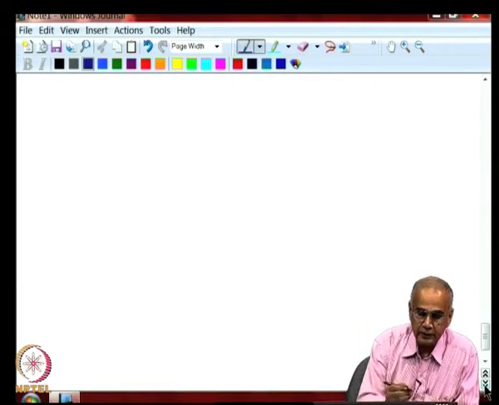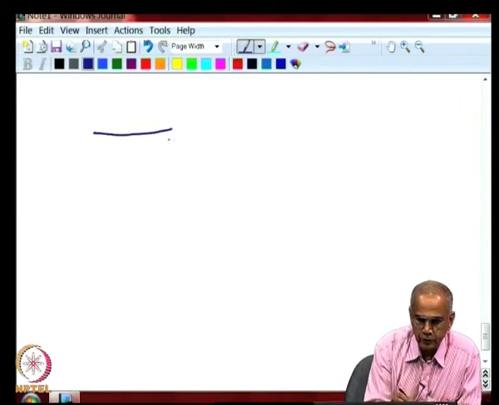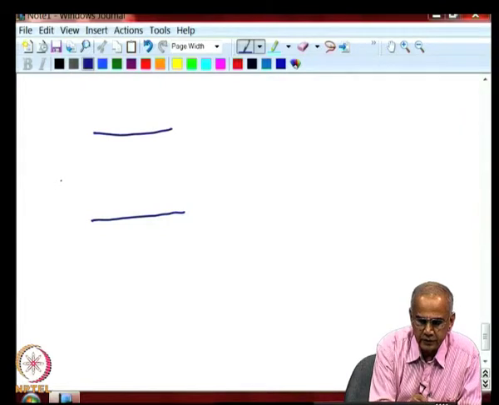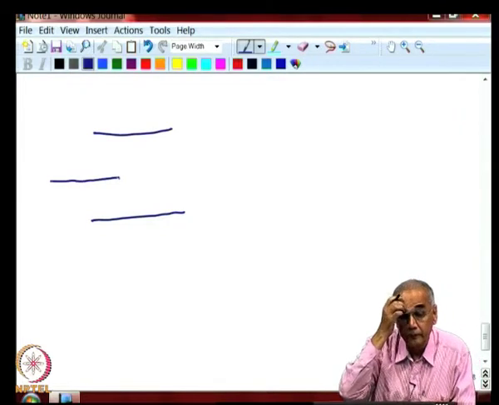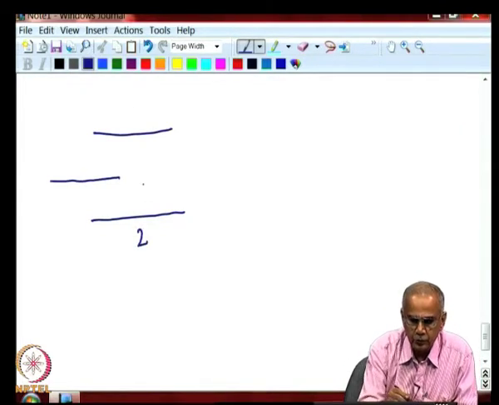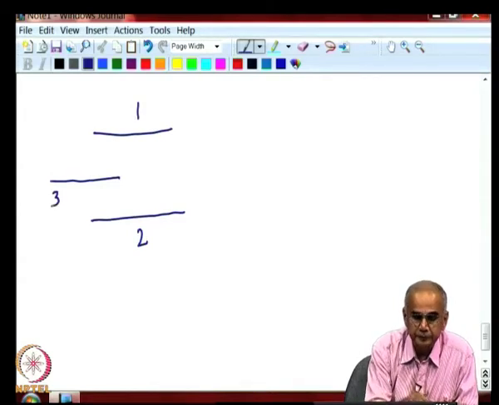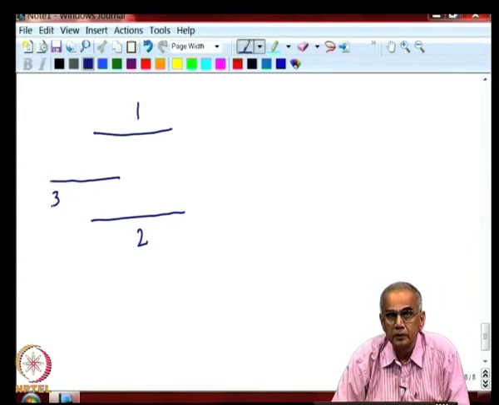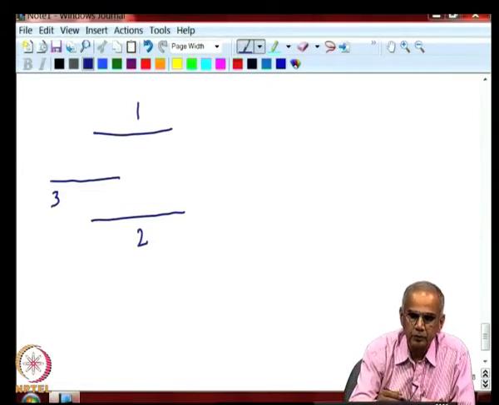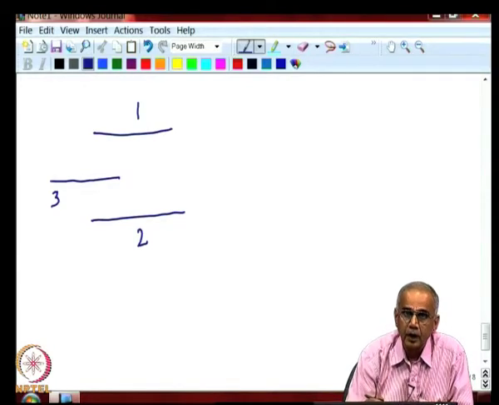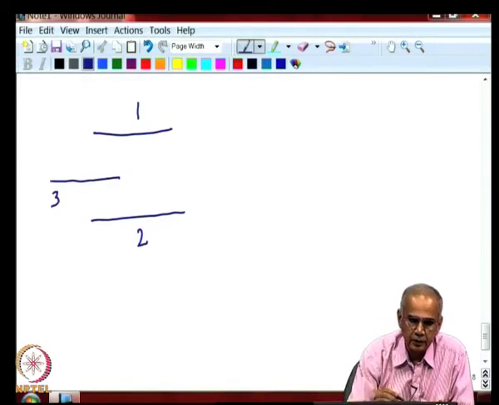So, let us extend the previous example. Suppose we have two surfaces and an obstruction coming here. So, this is 2, this is 1 and this is surface 3. So, this obstruction reduces the view of 1 from 2 and vice versa. How do you apply the cross-string method?